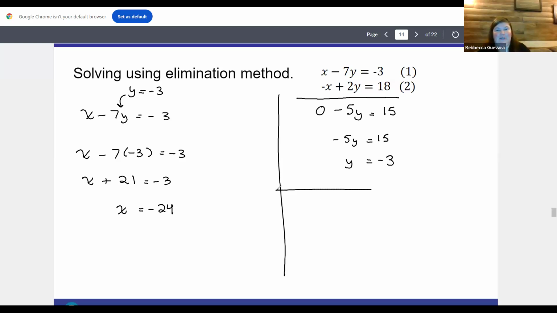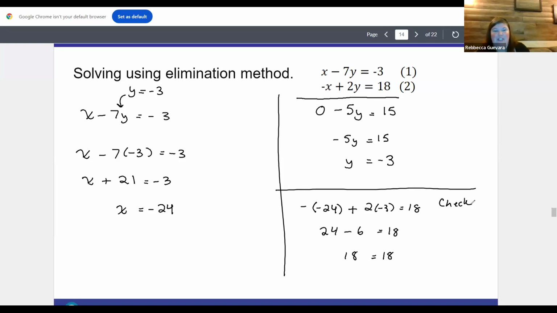So like I said, just to kind of check it, make sure it worked, which is how I caught that I made a mistake, because I went back and checked it. So the other equation, so that x is now replaced with a negative 24. So negative 24 plus 2 times negative 3 equals 18. 24 minus 6, which is going to be 18 equals 18.